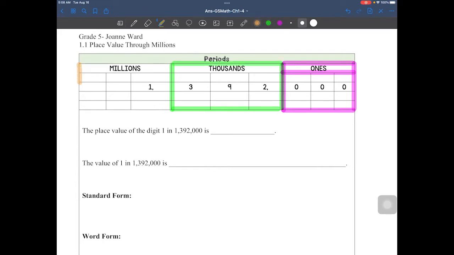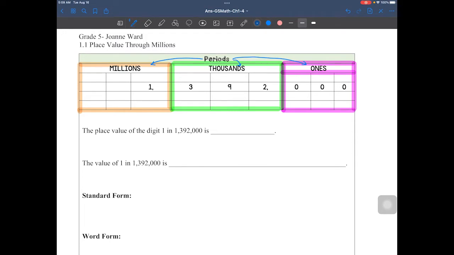And then these 3 digits we call millions. Each of the digits has its own name. So I have ones, thousands, millions. One period is ones, the other period is thousands, the other period is million.